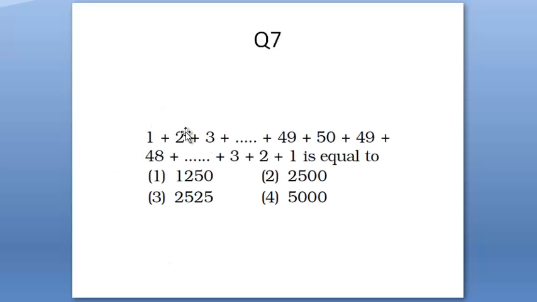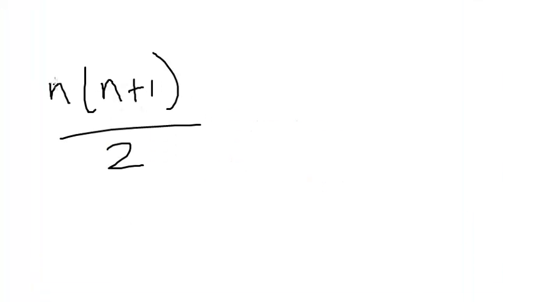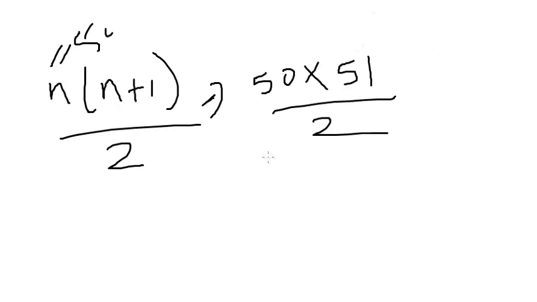So in this case, we split this sequence into two parts. From 1 to 50, take it as part 1. So from 1 plus 2 plus 3 till 50, you put n equal to 50, and it essentially becomes 50 into 51 by 2.